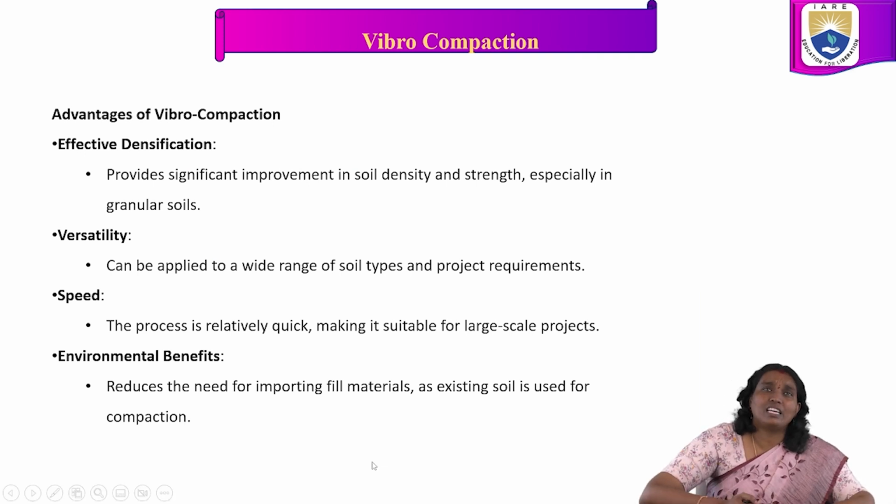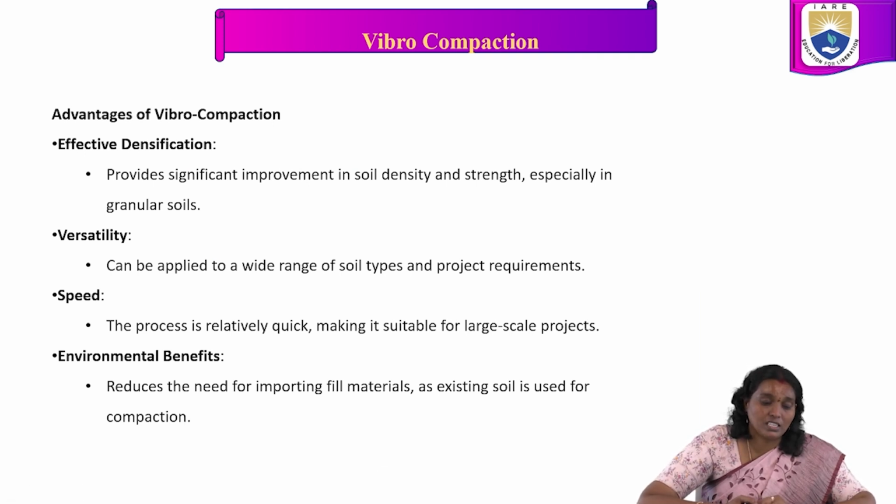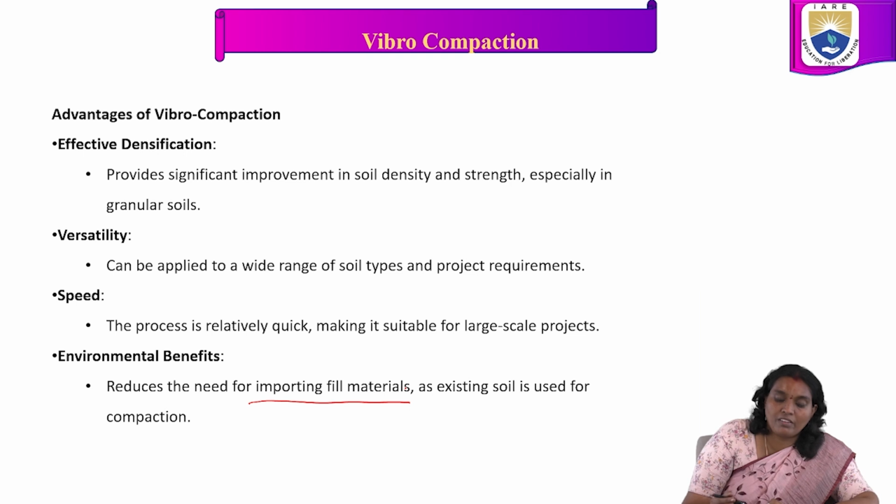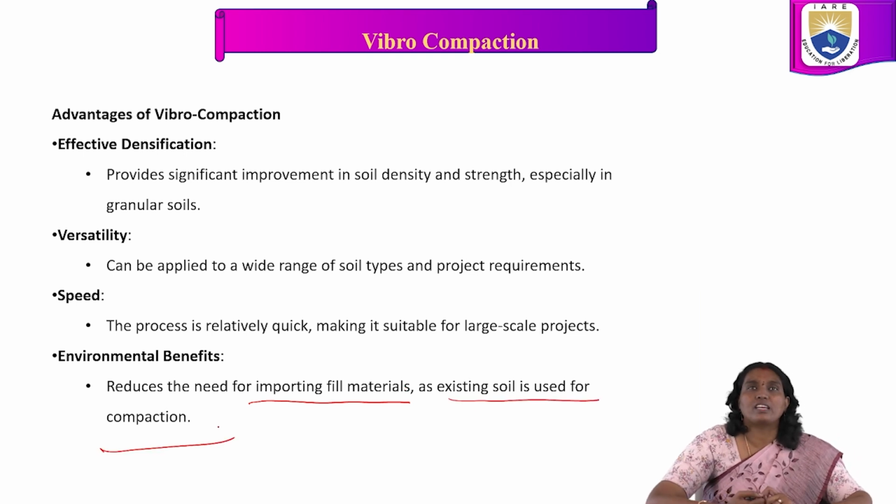Coming to the advantages of vibro compaction: effective densification, versatility and speed. It is relatively quick, making it suitable for large scale projects, and it also has environmental benefits, reducing the import of fill materials as existing soil is used for the compaction.